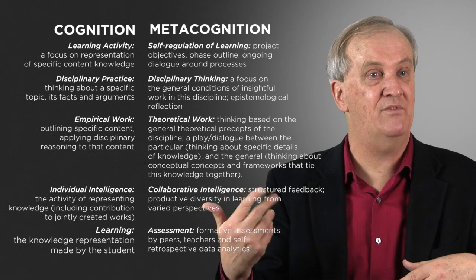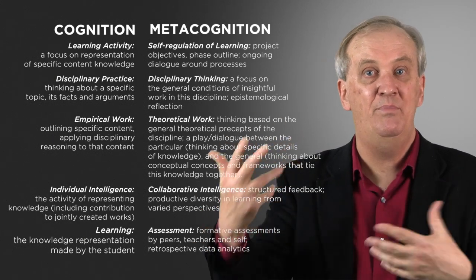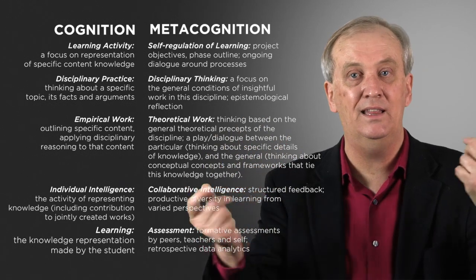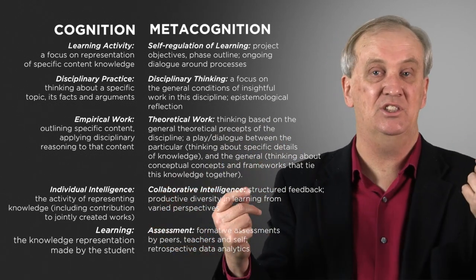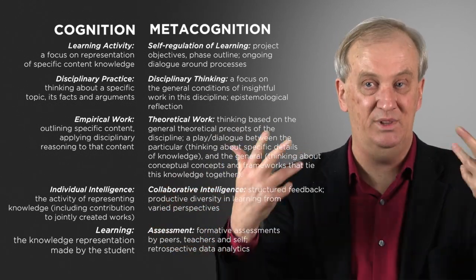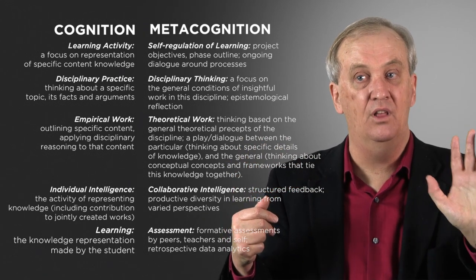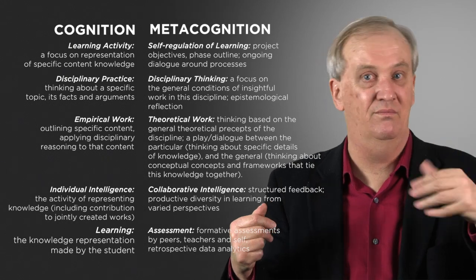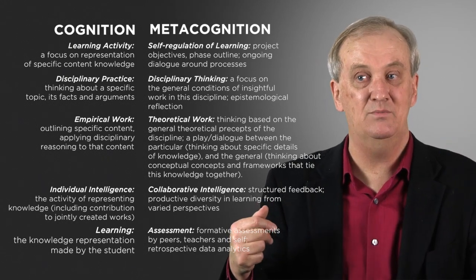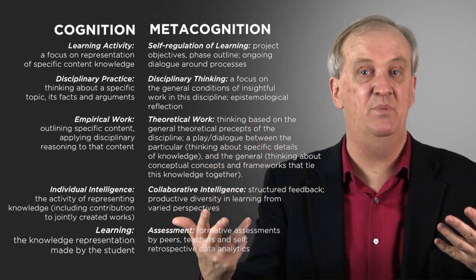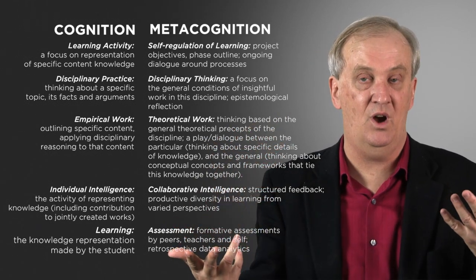And on the right, we have collaborative intelligence, where the peers are coming in and they're giving us feedback. And there's a set of collaborations going on where the knowledge is not simply individual knowledge. On the left, we have learning, which is the topic that we're dealing with. We're learning some stuff while we're doing it. On the right, we have assessment, which is being crowdsourced in these kinds of ways.